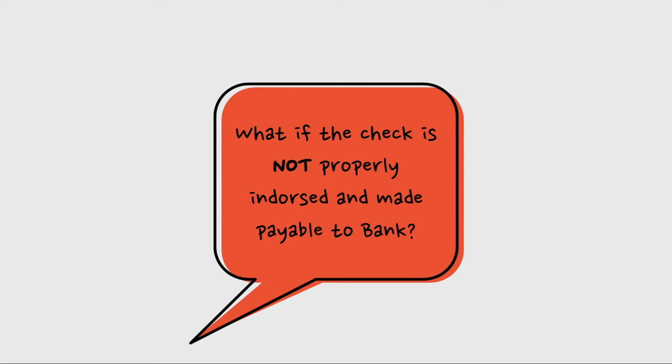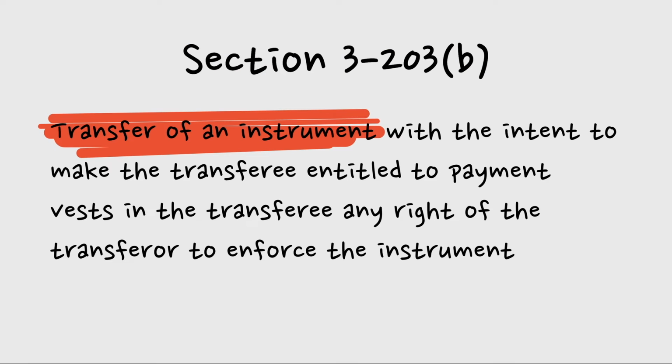What if Barb either forgot to endorse it when she transferred the check to the bank, or what if she somehow didn't do the endorsement correctly and it's not specifically made payable to the bank, right? That the transfer occurs, that the bank has the possession, but it's not made payable. And this is key, and it's something we're going to revisit, but something to understand here from section 3203B is that if she is transferring that instrument, she's the transferor, right?